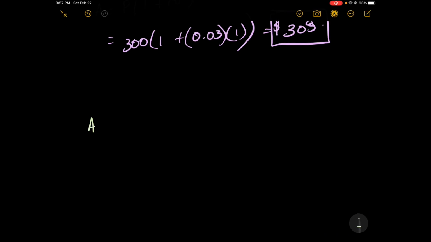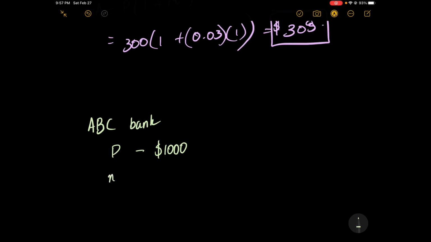Let's say you were to join ABC Bank and you put in $1,000. That's going to be your principal. Let's say that ABC Bank compounds whatever value they were given every month.